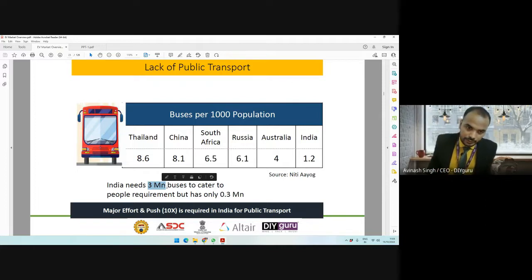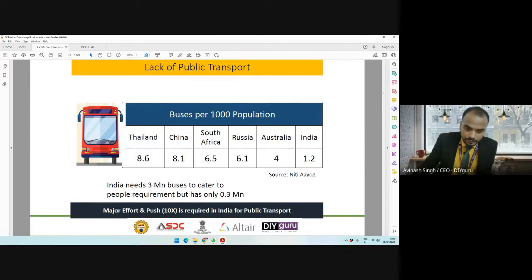In that case, you can have ICE based buses. But if you are in the city, kindly follow electric vehicles only.